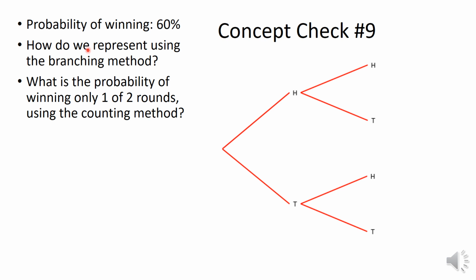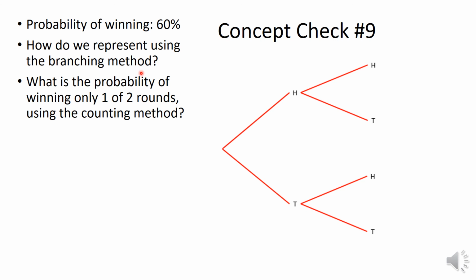Okay, let's do one last concept check, concept check number 9. So let's say, forget about this branching method diagram that I have right here. Let's say that we're at a different slot machine. This one has a 60% chance of winning each trial. So how do we represent this using the branching method?